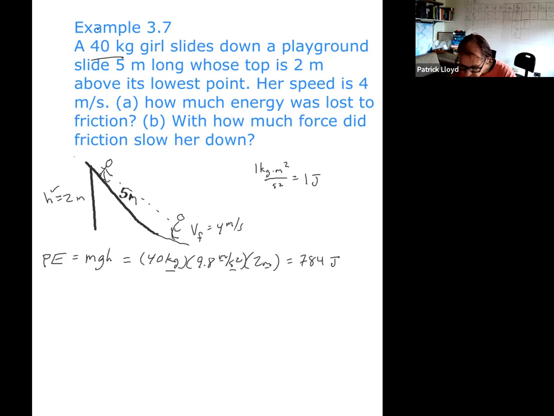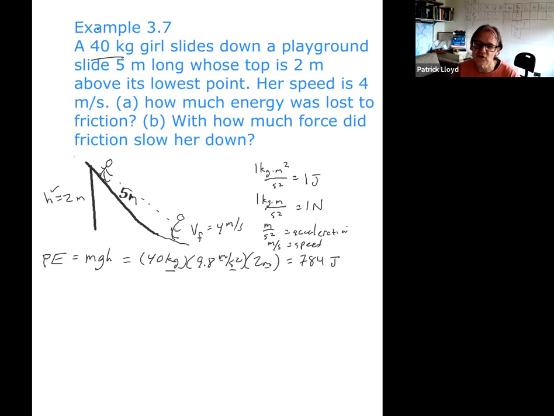Remember, a Newton is a kilogram meter per second squared. Acceleration would be meters per second squared, and velocity or speed is just meters per second. So that's how much potential energy there is.